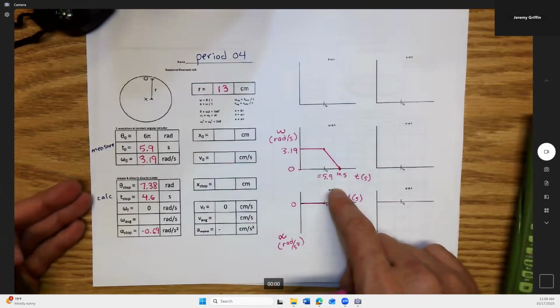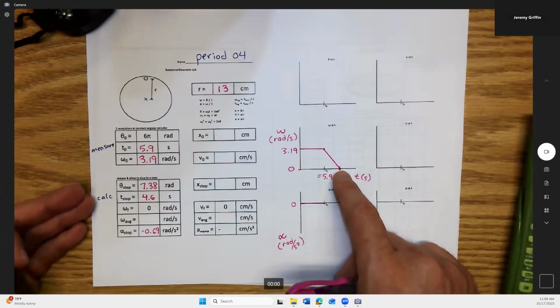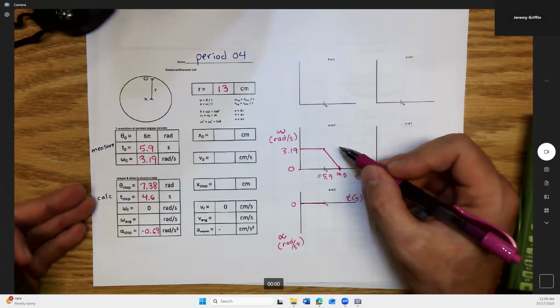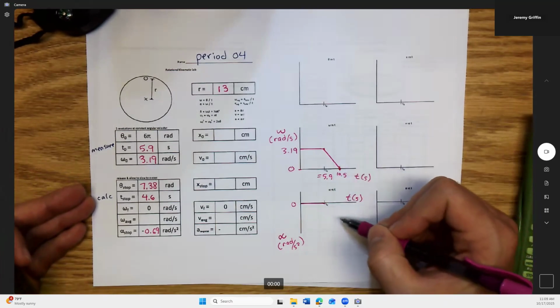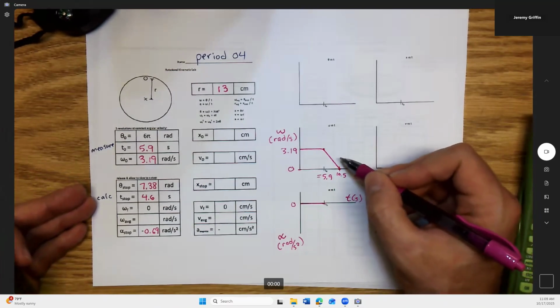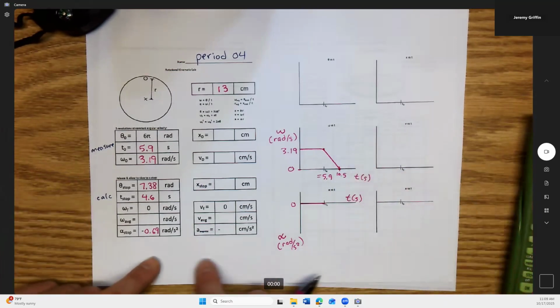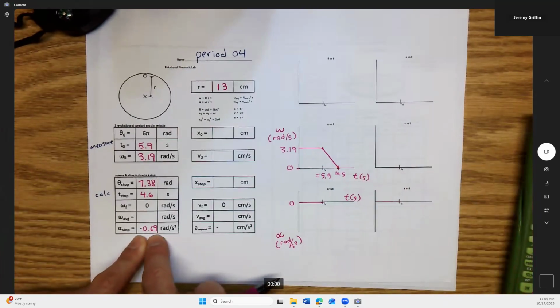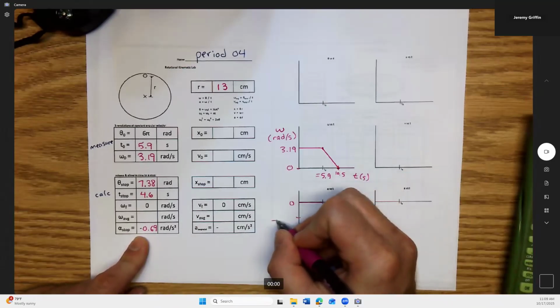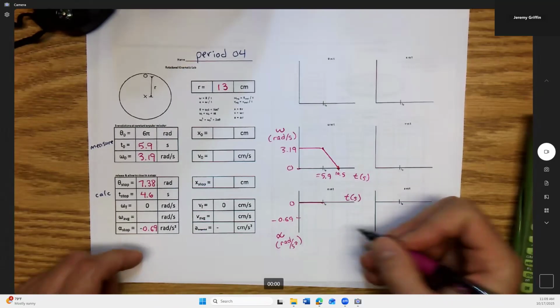Okay. Then, when it's slowing to a stop, guess what property of velocity versus time tells you acceleration versus time? The slope. Do you see a negative slope up here? Negative slope? Actually, I know a value. Isn't it this number right here? Definitely negative. And mine is negative 0.69 radians per second squared.